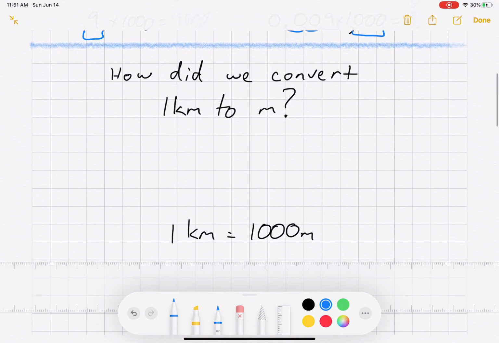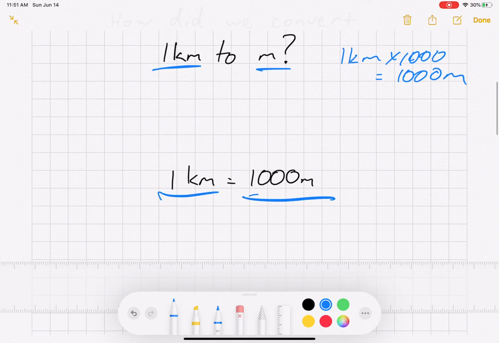So how do we convert? If we remember back between kilometers and meters, to change something from kilometers to meters, we multiply 1 kilometer by 1,000, and that would equal 1,000 meters. So 1 kilometer is actually equal to 1,000 meters.